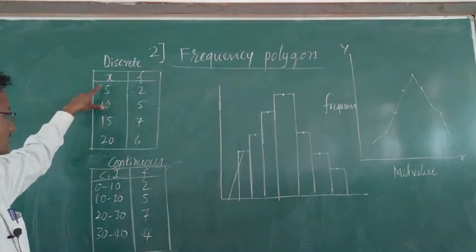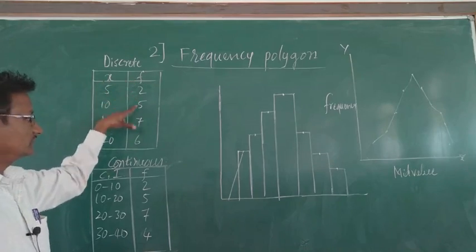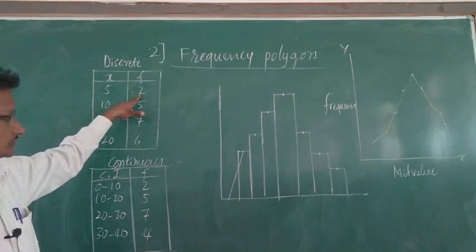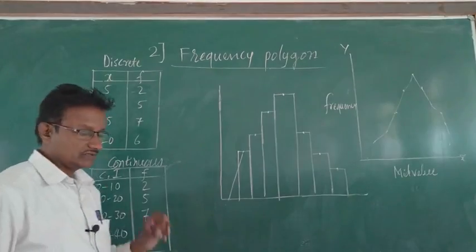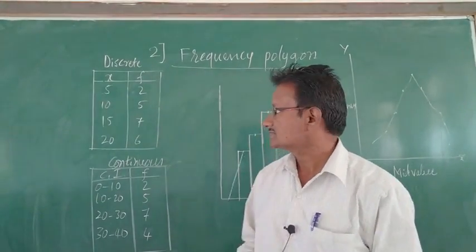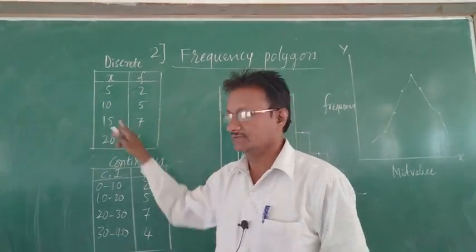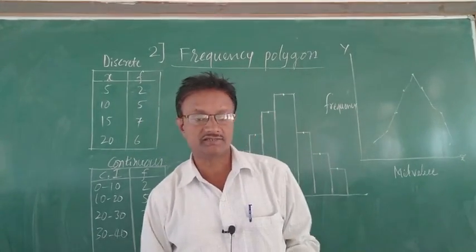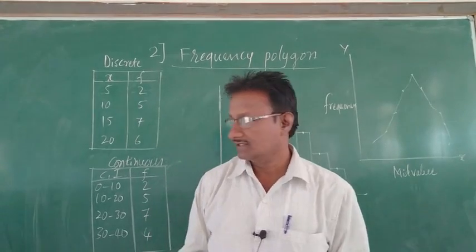Here we are given x for values and f for frequencies. Here frequency 2 indicates the number of times a value x repeats. So in this frequency distribution there are no class intervals, only values and corresponding frequency, so it is called discrete frequency distribution.